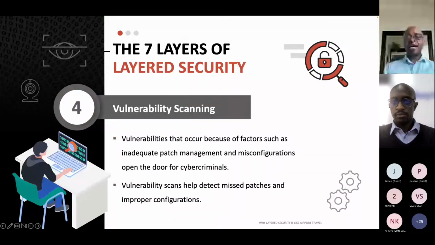The other one is vulnerability scanning. Every system has vulnerabilities, but you can reduce this risk by keeping your operating systems, third-party applications, antivirus, anti-spyware, anti-spam, and file software up to date. A vulnerability scan finds out if something is outdated and risky so that you can take action before cyber criminals do.